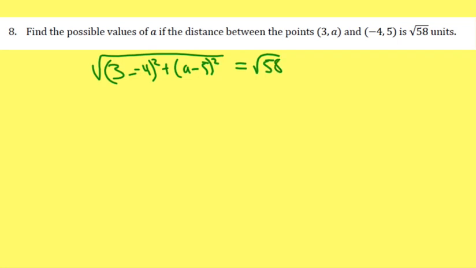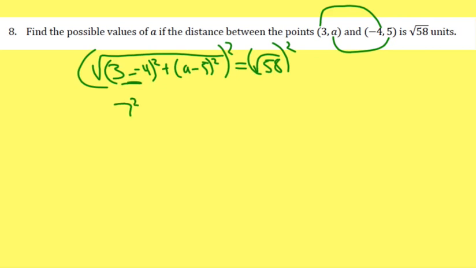So here's the setup. 3 minus the negative 4, a minus 5. Square both sides, because that gets rid of a lot of things and makes my life easier. So this becomes 7 squared, no square root, plus a minus 5 squared equals 58. So that's 49. So if I subtract 49 from both sides, that goes away.